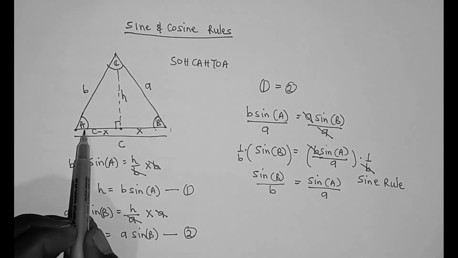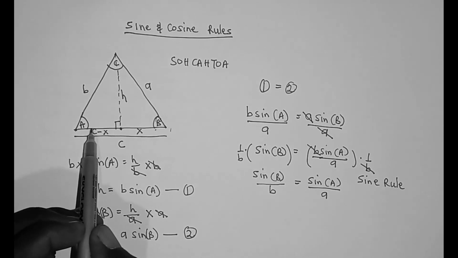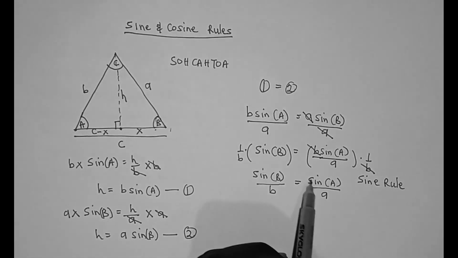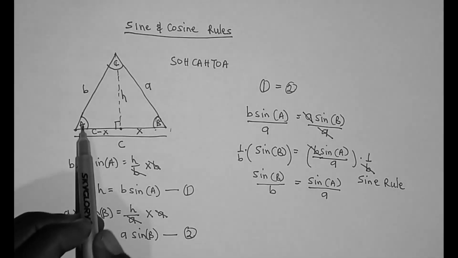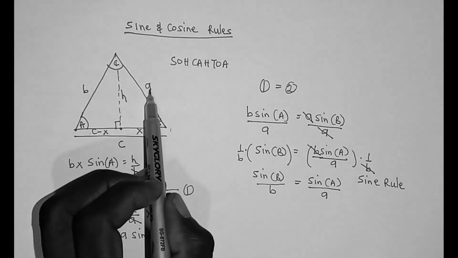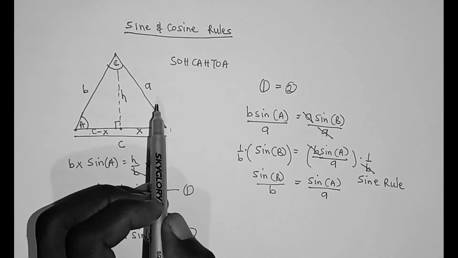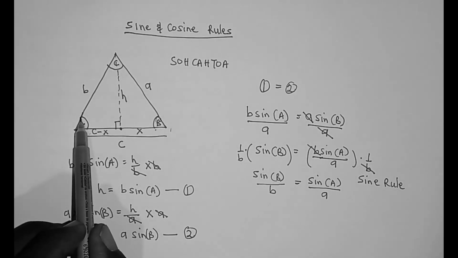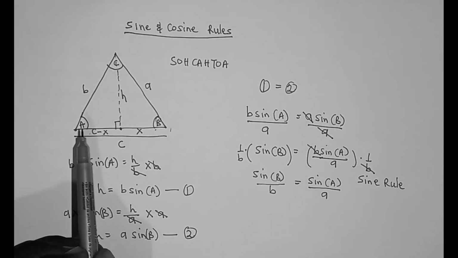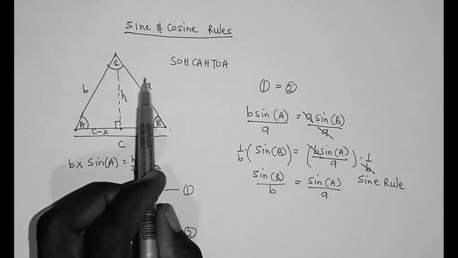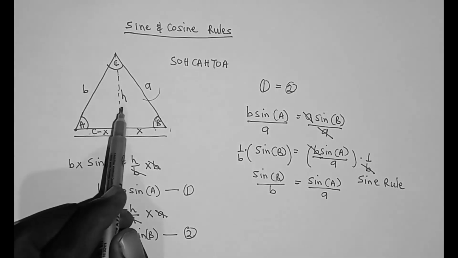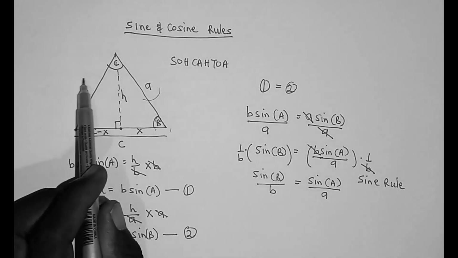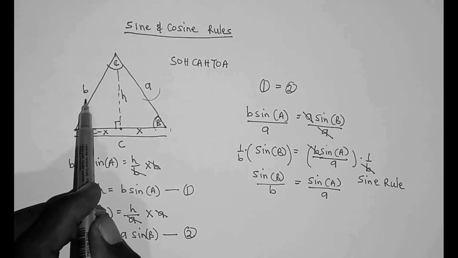A is this angle, and the length facing capital A is small a. So, making deductive reasoning, you can see that the sine of an angle divided by the length facing it on one side is equal to the sine of this angle B divided by the length facing it, which is small b.